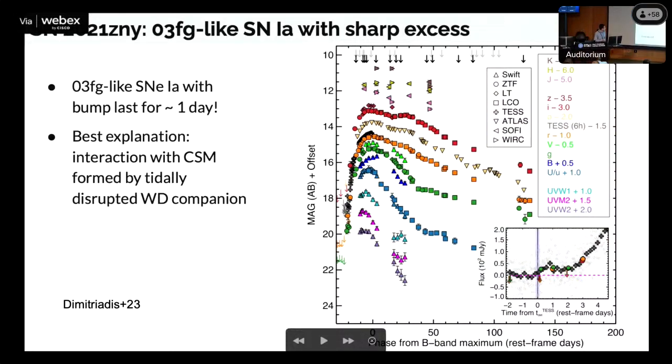What's special of this event, as you can see in the inset, is that the early excess in the TESS band only lasts for a bit more than 1 day. That's very different from the previous two examples, in which the early excess lasts around 5 days.